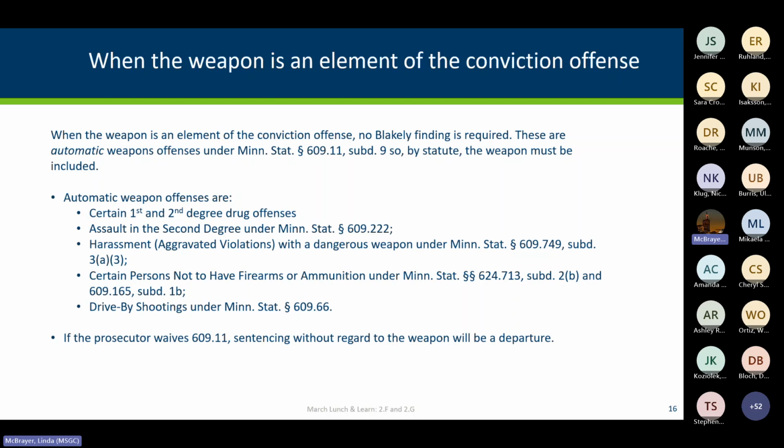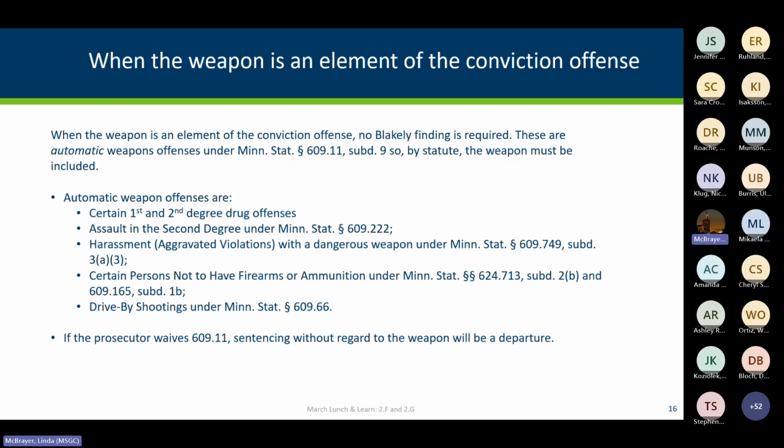Assault in the second degree at either subdivision is automatic. Harassment with a dangerous weapon, along with felon in possession under either statute, and the felon in possession includes both firearm and ammunition. There is no separation in the statute where it's under one subdivision and clause for the firearm and another subdivision and clause for the ammunition.